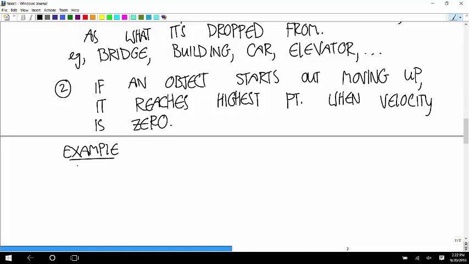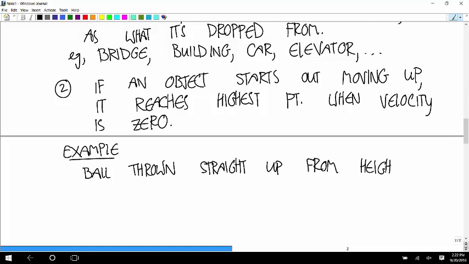Okay, so a ball is thrown straight up into the air. Height of 3 meters. At the instant it's thrown, its speed is 10 meters per second.